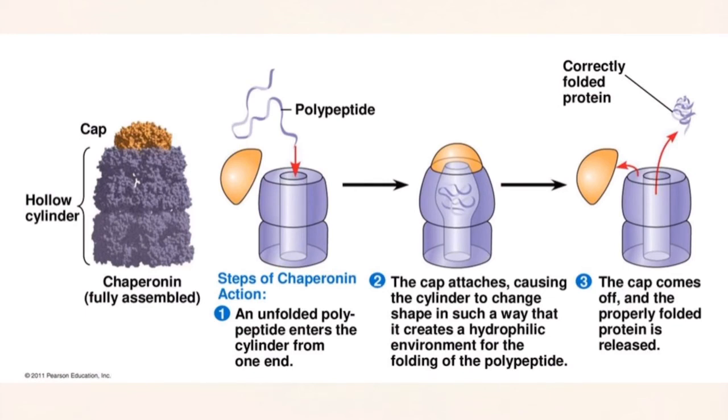For it to function, the cap opens first, and the unfolded polypeptide enters the cylinder. Then the cap attaches, causing the cylinder to change shape in such a way that it creates a hydrophilic environment for the folding of the polypeptide. And finally, the cap gets off, and the folded protein is released.